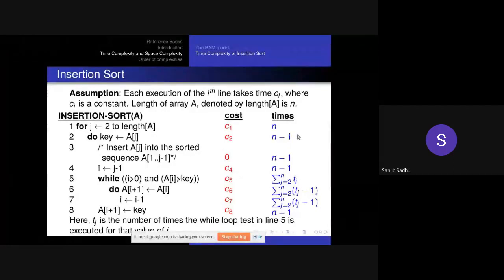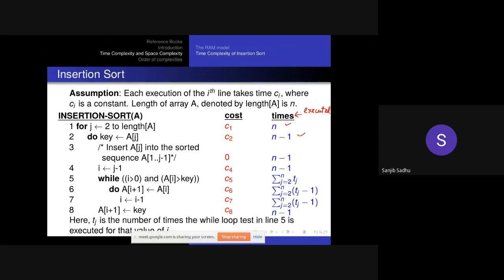In this way, this is the number of times they are being executed. Okay, how many times. So in this way we now find the total cost of the algorithm. How? We multiply c1 with n, then c2 with n minus 1, then 0 with n minus 1, like this. 0 means the comment is not being executed, that's why its cost is 0.